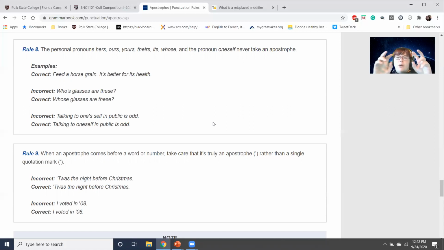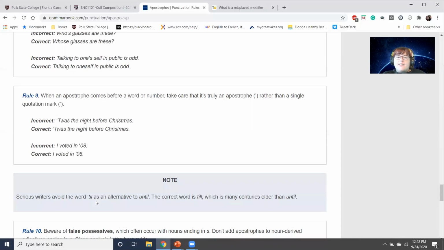Then when we get to the part where the person you're quoting is quoting someone else, if we put those double quotation marks again, it makes it confusing. So we use the single quotation marks, which are the apostrophe in this case, around it to show that this person is quoting someone else. So you want to make sure that it's being used as an apostrophe and not as a quote.